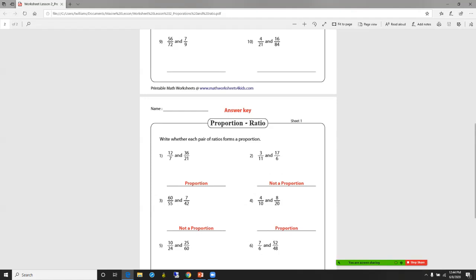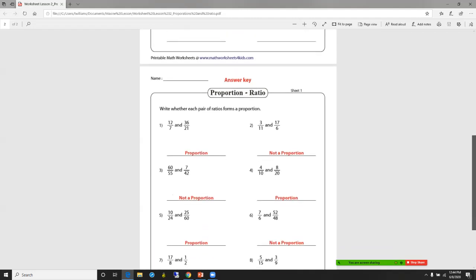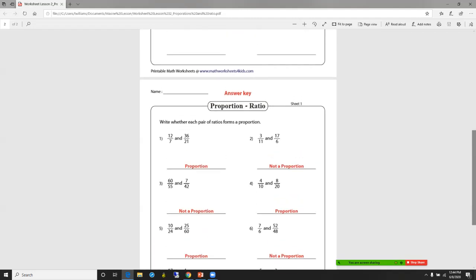Number 5. That's correct. Number 5 is correct. Let's look at number 6. Is number 6 a proportion? We got 6 and 48, and 7 and 52. No, that's not a proportion. You're correct.